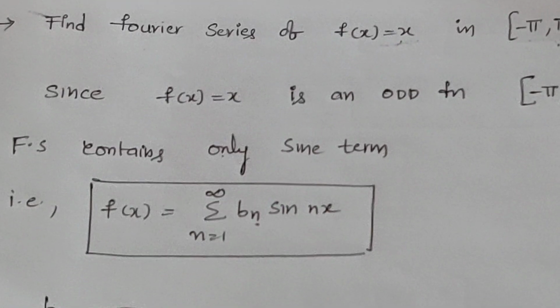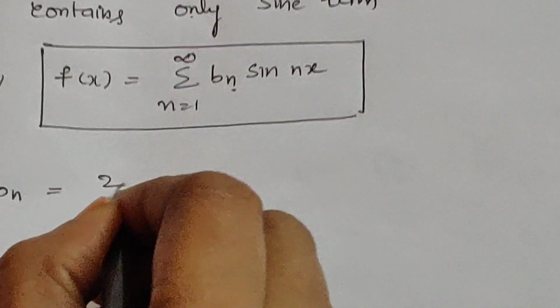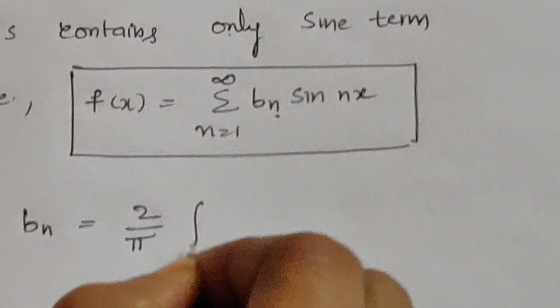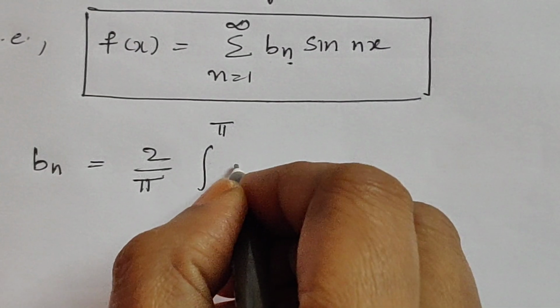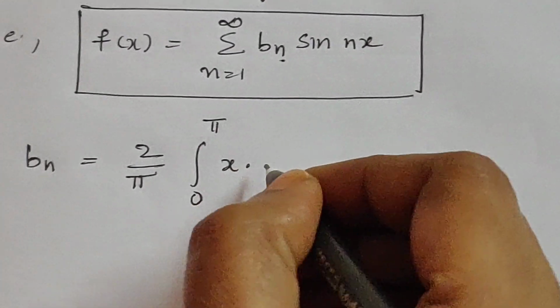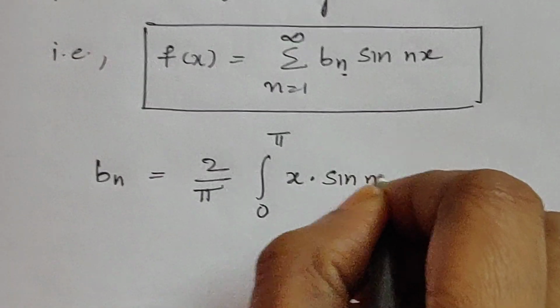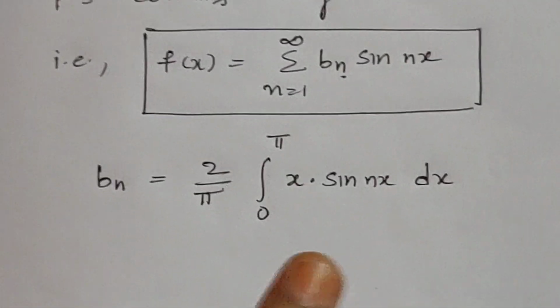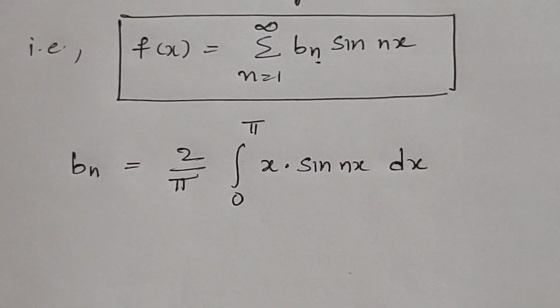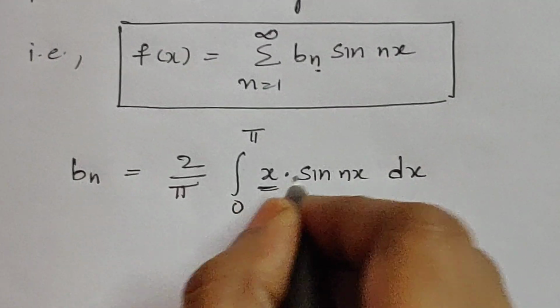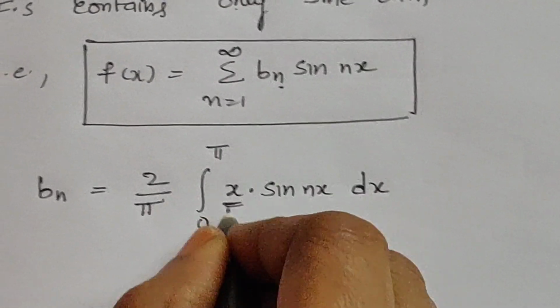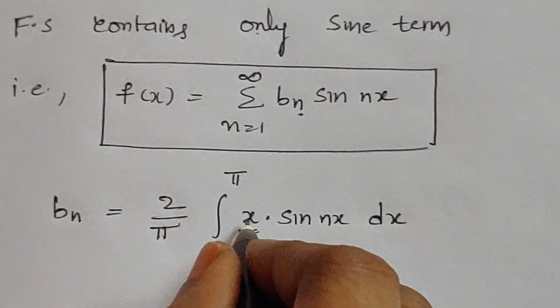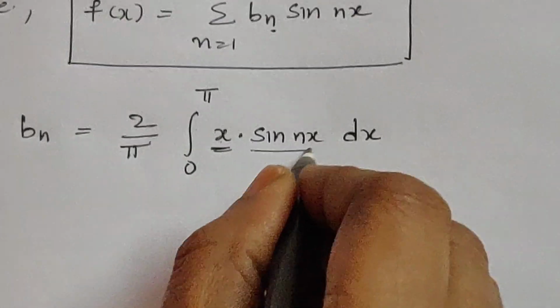So here bn Fourier coefficient equal to 2 by pi integral 0 to pi f of x, here x, sin nx dx. Now evaluate this integral. Under the integral, product of two functions, one of them is algebraic, another one trigonometric.